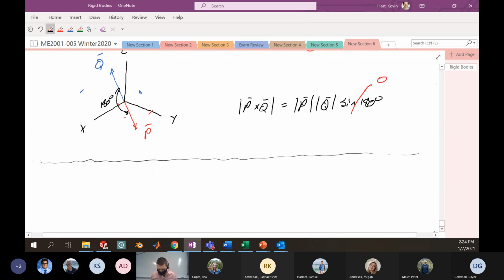Now, if we remember our moment conversation, the idea of a moment is it's like a twisting force, right? And it's somehow related to the amount of force that you apply and the distance that that force is away from the point of application, okay? So now let's finally give what the mathematical definition of a moment is.